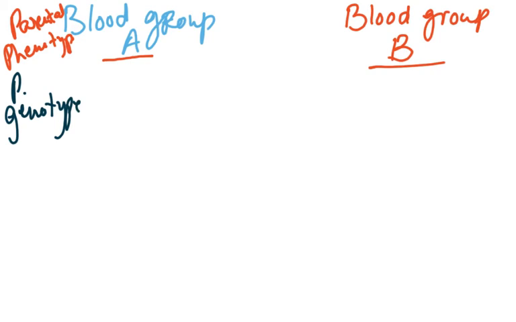Here I'm choosing IAIO for the A person, and for the B person I'm using IBIO. I purposely chose that for a reason.